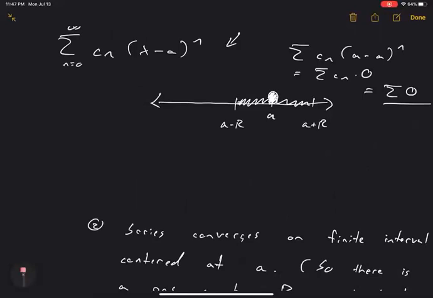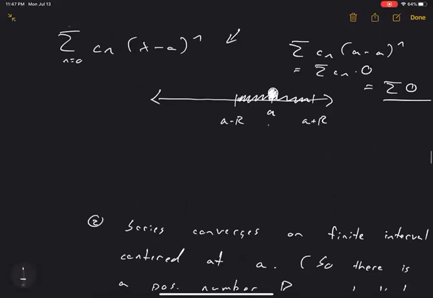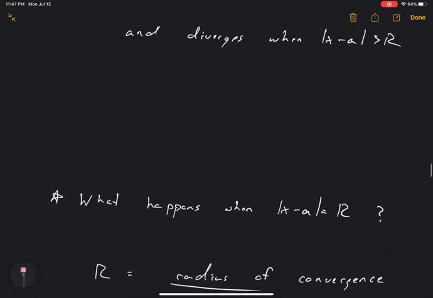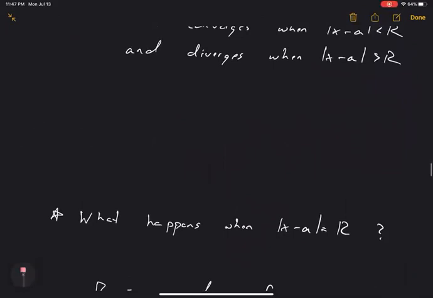Okay, so we go back up to this example here. We have some number R. If we move R away from a in either direction, our series is still going to converge. But if we move farther than R away, our series is going to diverge. Now, what happens when we're exactly a distance of R away?